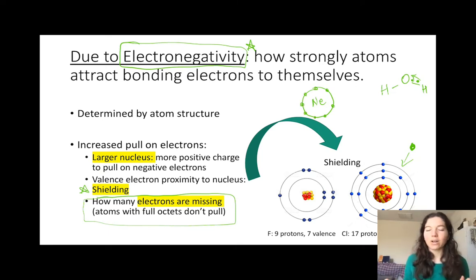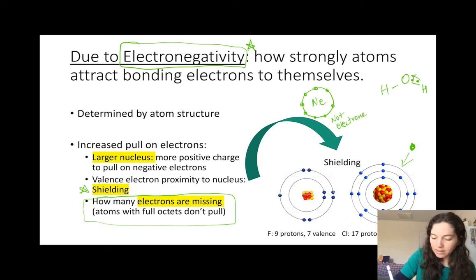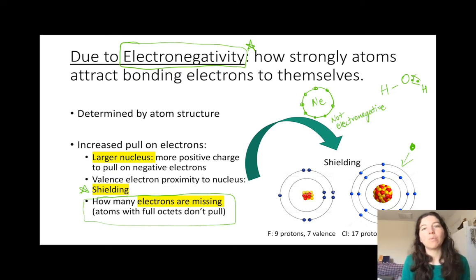They have 8 electrons, they have no holes, they do not need any more electrons, they are stable, and so these are not electronegative. They don't have any pull because they don't need more electrons. So that is something to just keep in mind as you're looking at things.